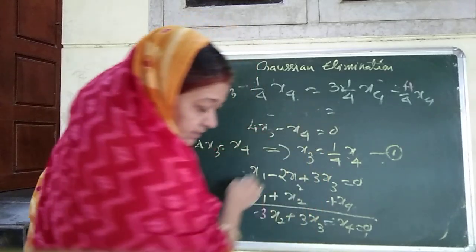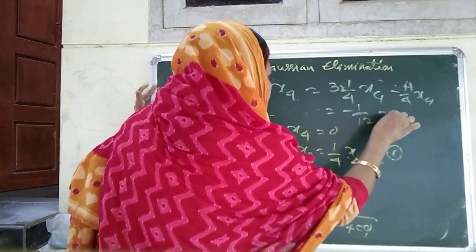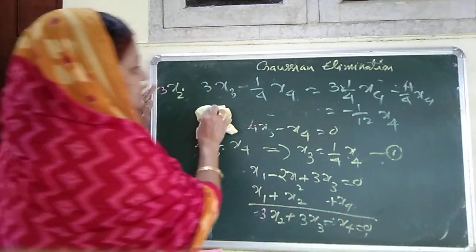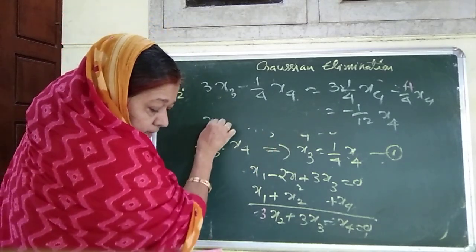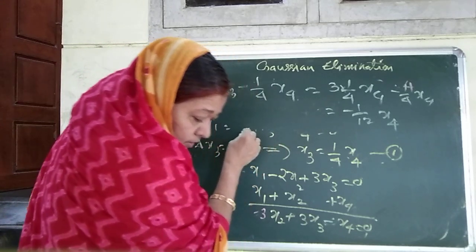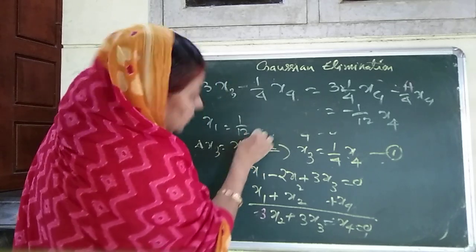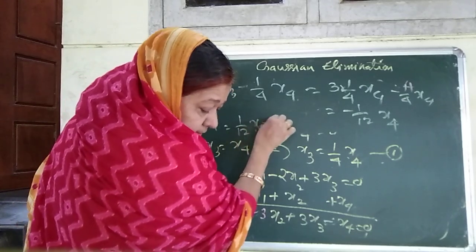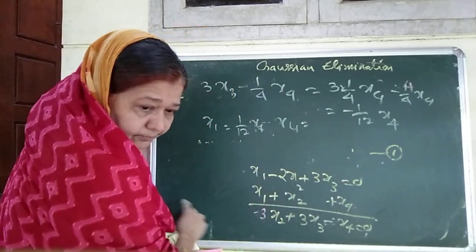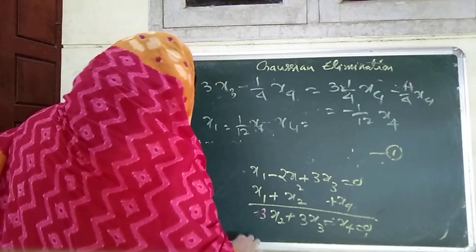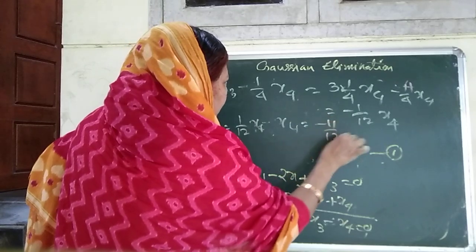On solving we get it is equal to minus 1 by 12 x4. Thus we get x3, x2, and we can see that x1 equals minus 11 by 12 x4.